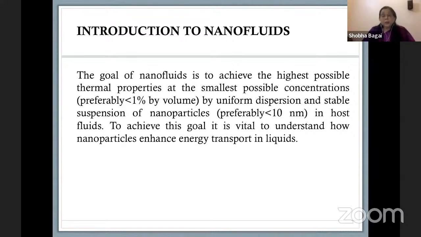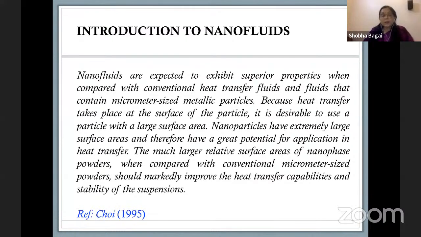In order to understand that, it is very important to understand how nanoparticles enhance energy transport in liquids. I will not get into the details here, but I would certainly like to read out some excerpts from the founding paper by Choi, which came in 1995.